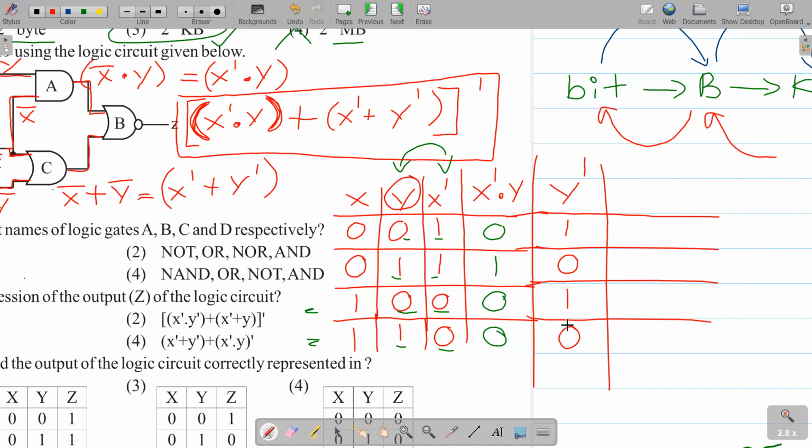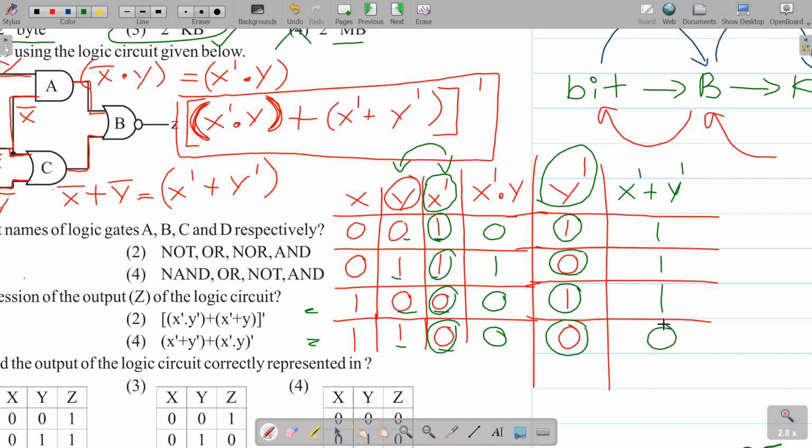Now I'm going to add up this column with this, which gives me X dash plus Y dash. So 1 plus 1 gives me a 1, 1 plus 0 gives me a 1, 0 plus 1 gives me a 1, 0 plus 0 gives me a 0.